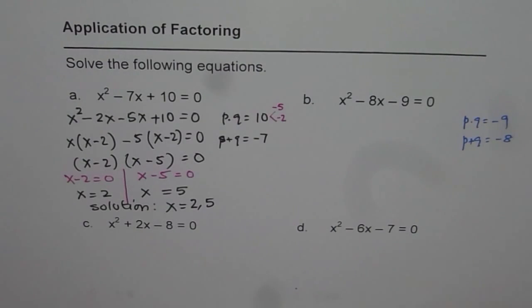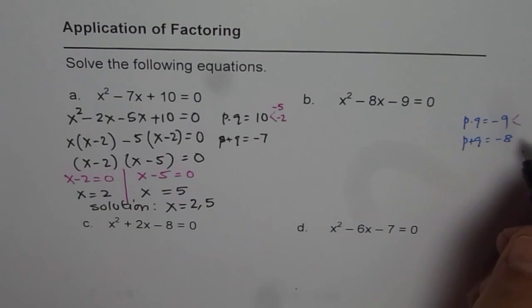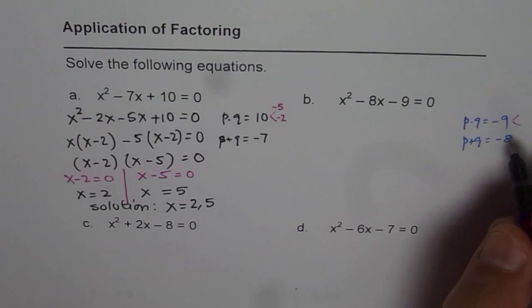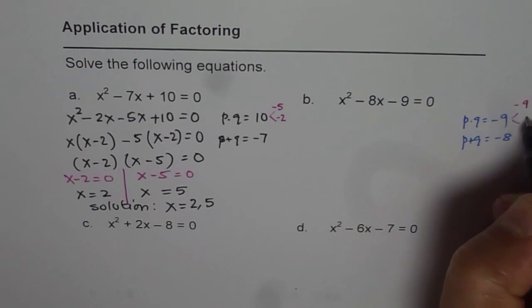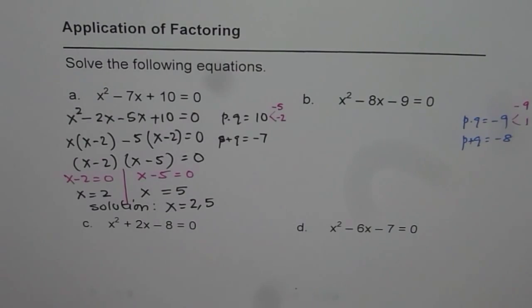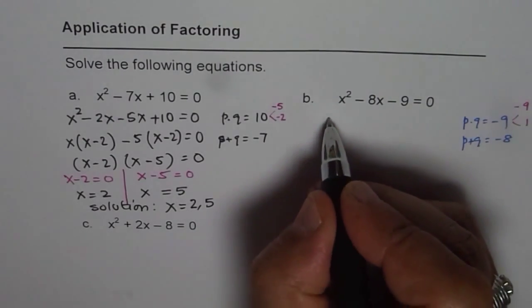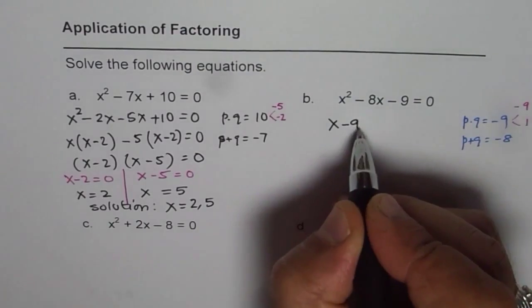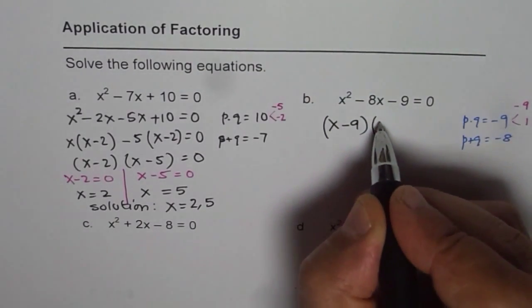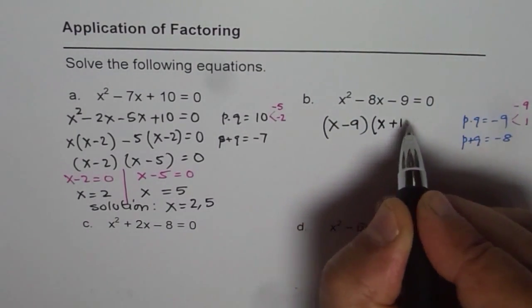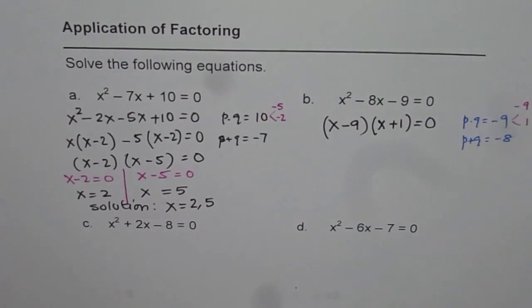So the two numbers could be 9 and 1, right? And the bigger one of them should be negative. So it is minus 9 and plus 1, correct? So that gives you two factors. The first one is x minus 9 and the second one is x plus 1 equals 0. So that is how you get the factors straight away.